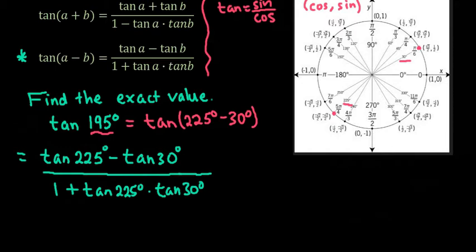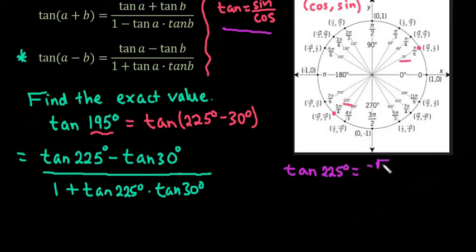Now what we want to do is replace tangent 225 and tangent 30 with what they're equal to. I'm going to start with tangent of 225 degrees. I would go to 225 degrees on the unit circle, and we see that that's the ordered pair negative square root 2 over 2, comma negative square root 2 over 2. Remember that tangent is sine over cosine, and it's cosine comma sine.